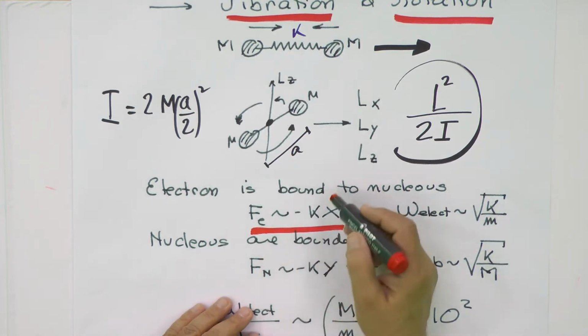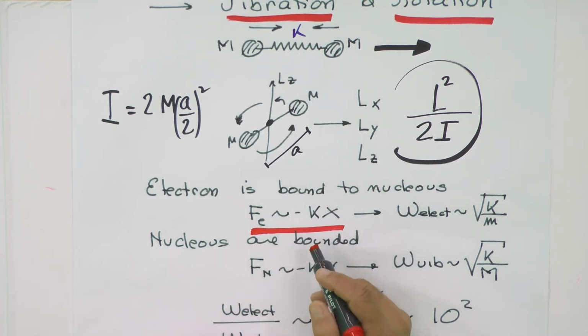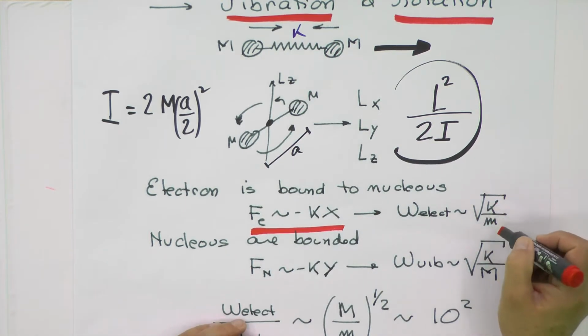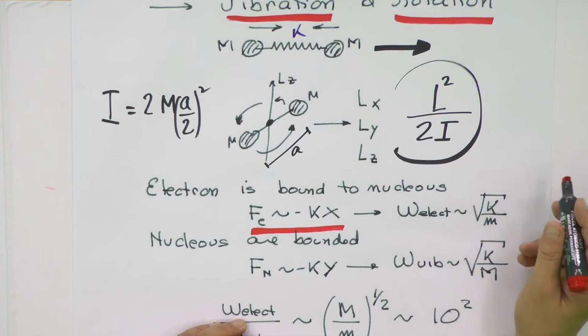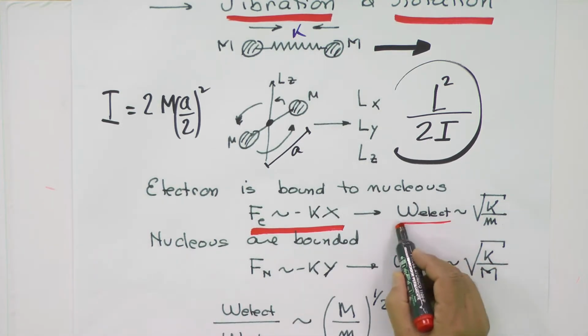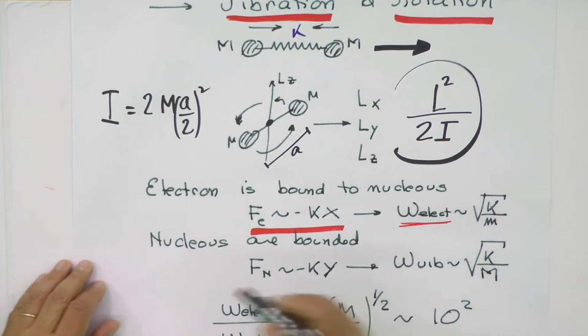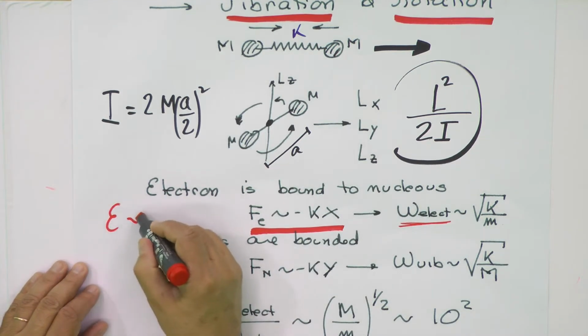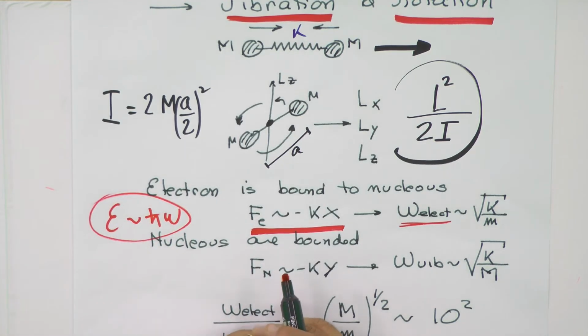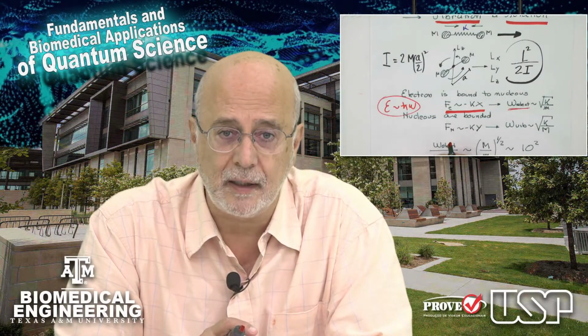So the frequency of oscillation for the electron bound to the nucleus is basically the square root of the constant divided by the mass of the electron. We are evaluating the energy in terms of frequency, but we know that energy is h bar omega. So evaluating frequency, we are somehow evaluating energy too.